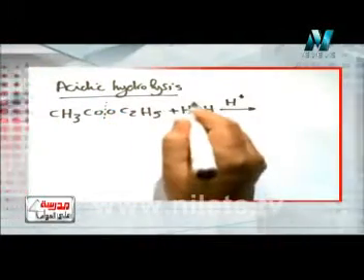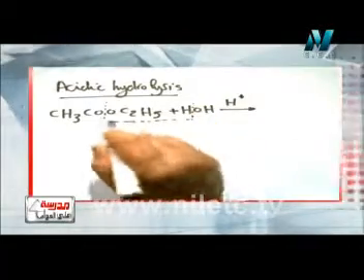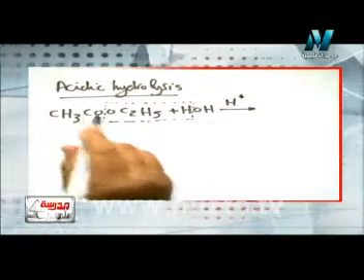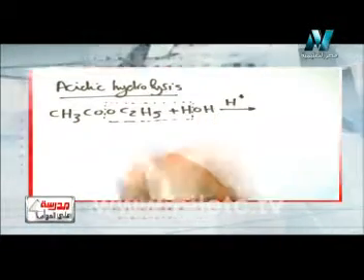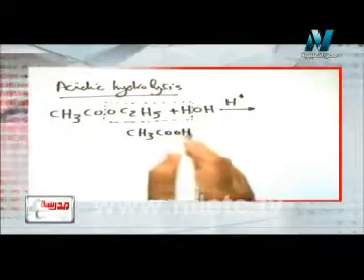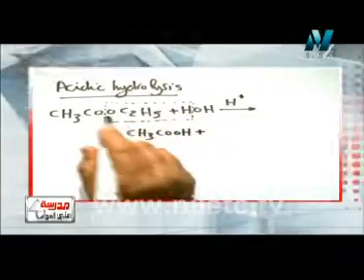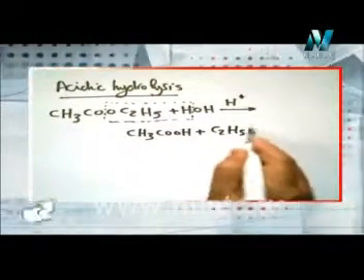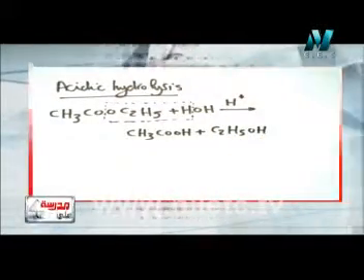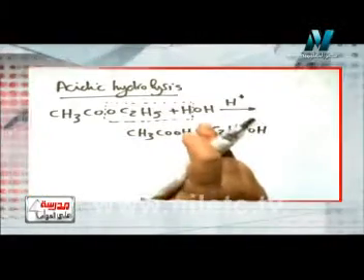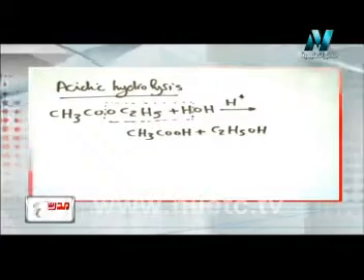As we said, we separate the ester, and CH3CO takes OH to be acetic acid, CH3COOH, and C2H5O takes H to be C2H5OH, ethyl alcohol. So ethyl acetate hydrolyzes in water to form acetic acid and ethyl alcohol.